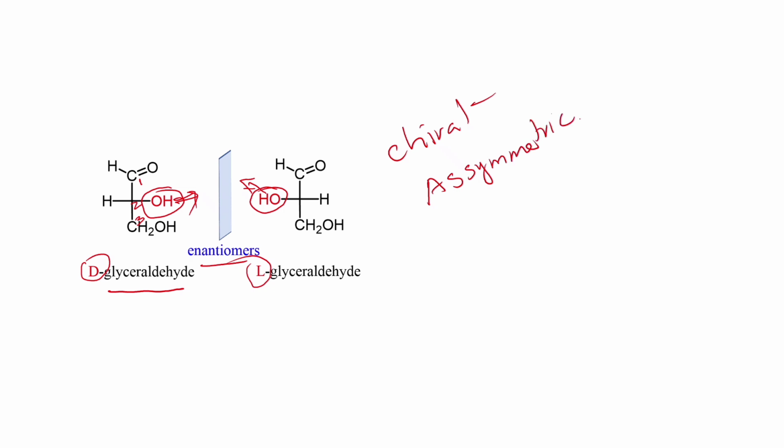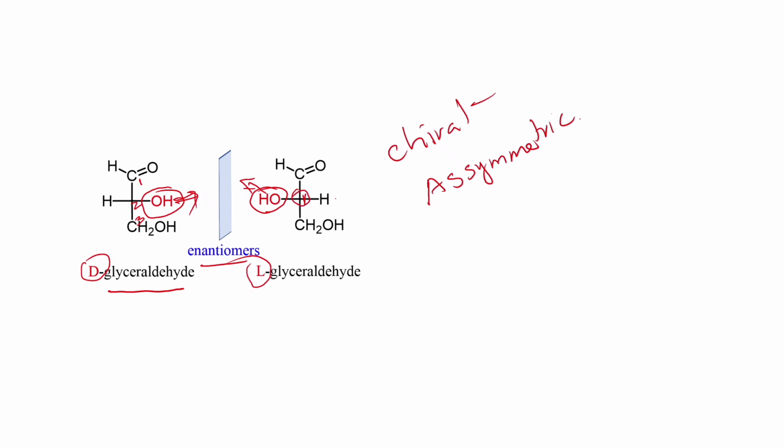That is asymmetry. So here the second carbon is the asymmetric carbon, with one H, then OH, then CH2OH and CHO. So due to the presence of this, they show enantiomerism and they are D-glyceraldehyde and L-glyceraldehyde.